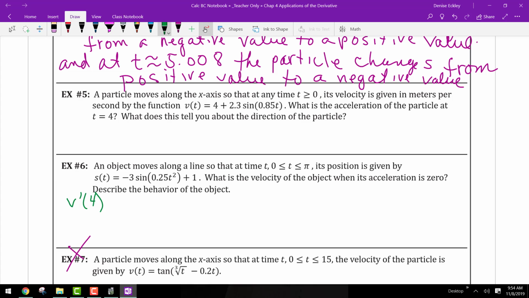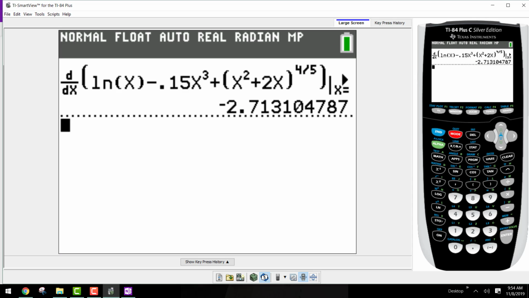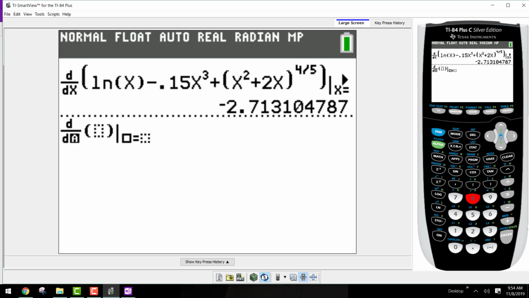Oh no, I'm looking at the wrong part, sorry. I put that in the wrong part. So we're up here, looking for v prime of 4. And we're going to do what we did before. We are going to use our derivative calculator.